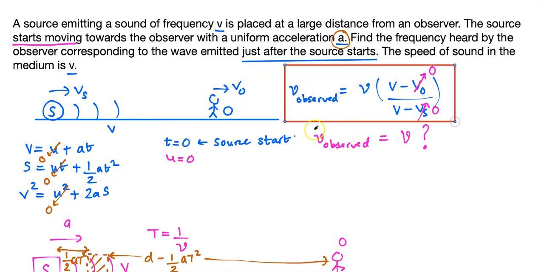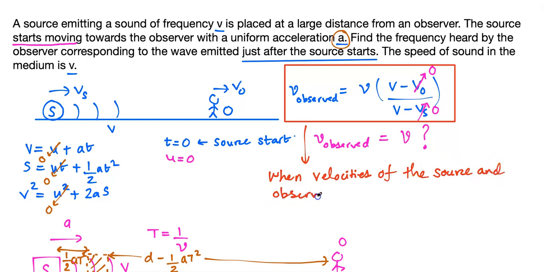The key lesson to be learned is that this expression, this very standard, very commonly applied expression for Doppler effect, only holds true when the velocities of the source and observer are constant. So if there is any acceleration of any form, this no longer holds true. And so that, my friends, is the key takeaway of this video.